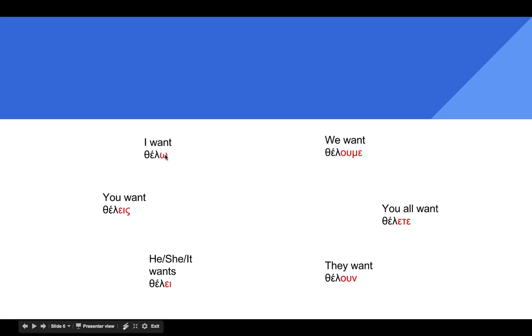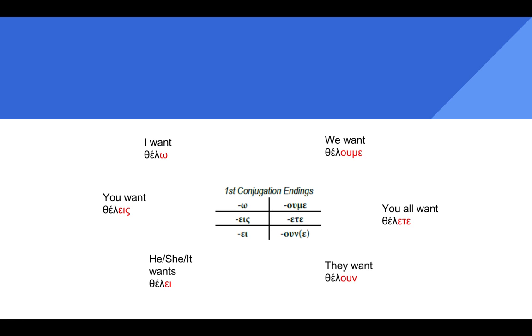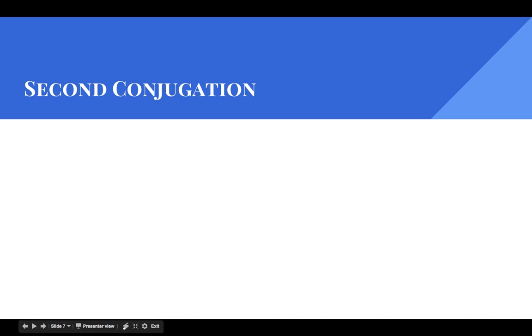It's these patterns for the endings of verbs, and that's what we're going to learn about. So these are all part of the first conjugation endings. There are many verbs in Greek which follow this pattern and have these endings. Now we're going to go through second conjugation.